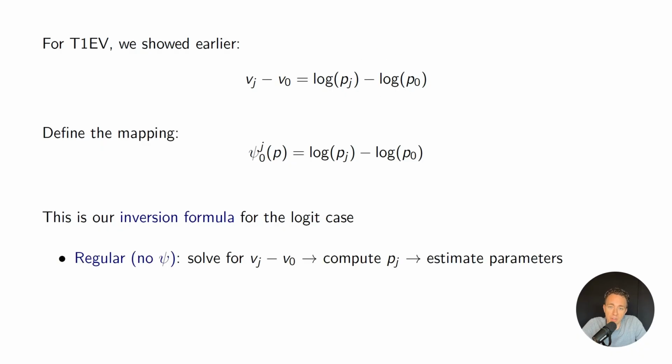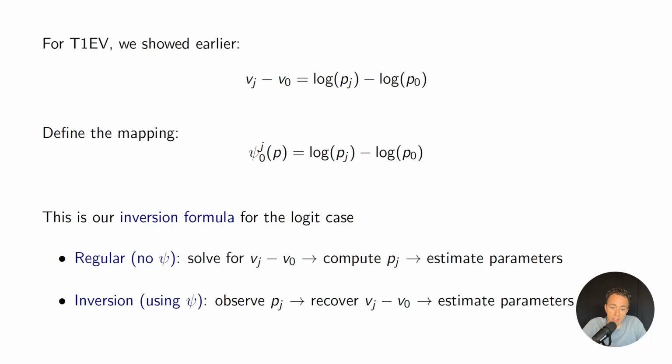So if we did the regular approach with the backwards recursion, we'd have to solve for these difference conditional value functions, then use those to get the policy function choice probabilities, and then estimate the parameters from there. With this inversion mapping, using this psi, we can just look at the p_j's in the data and the p_0's in the data, and then from there we can directly recover the difference conditional value functions and then just estimate our parameters from there. We don't have to solve the model.